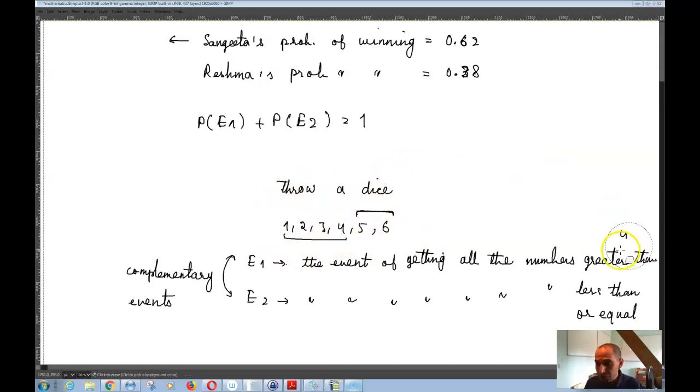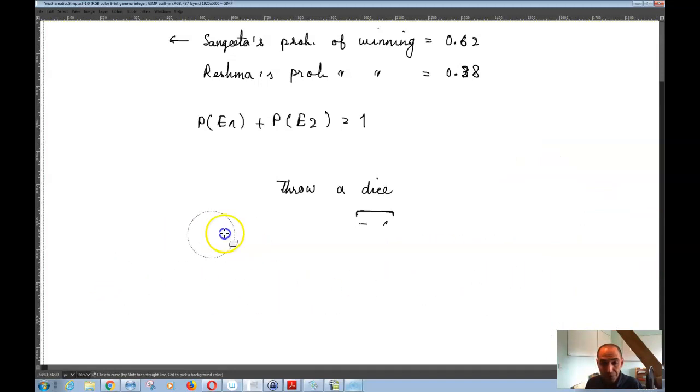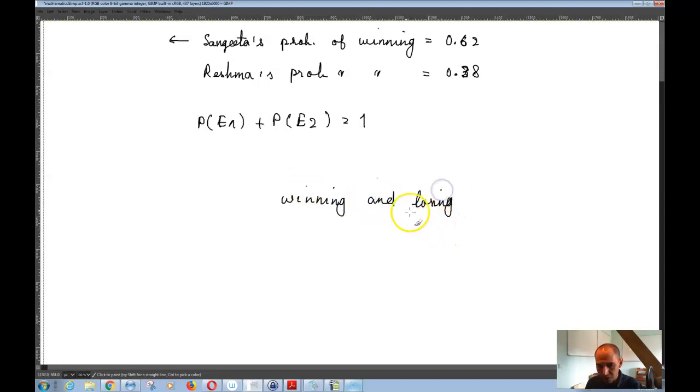Now let's go back to the example that we had up here. This is about winning and losing. In a match, one player has to win, one player has to lose, right?